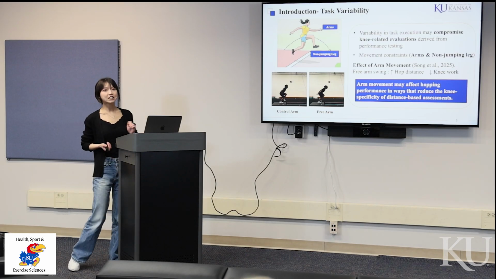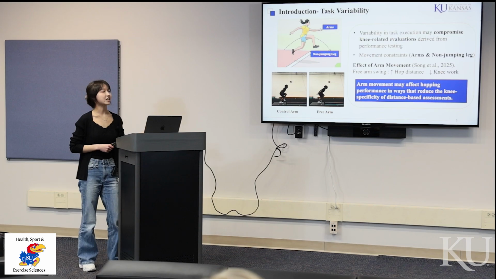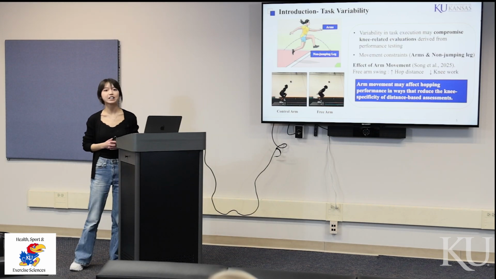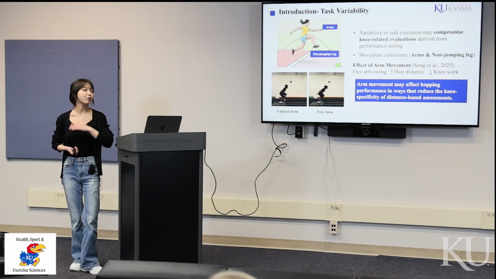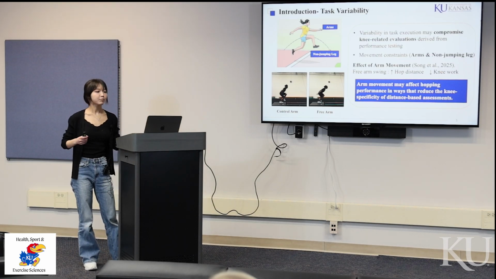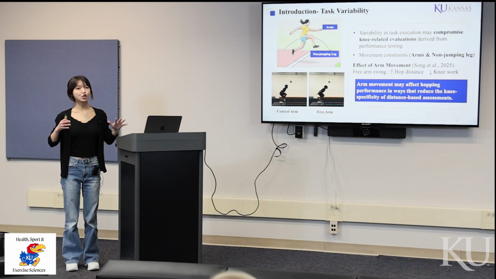In addition to the knee-specific demands of the task, the variability in task execution may also compromise the knee-related evaluation derived from the performance testing. In particular, the movement constraint may change the hop performance, such as the movement constraint on the arm and the non-jumping leg.